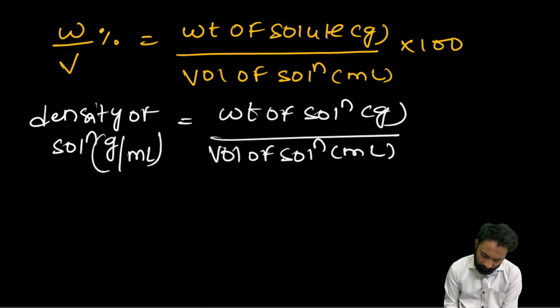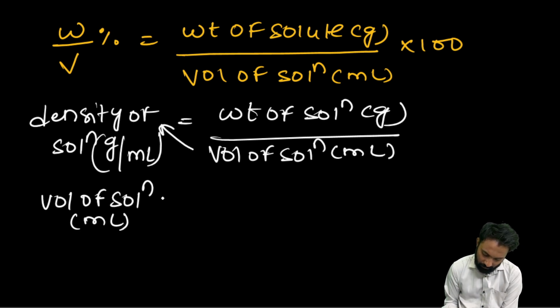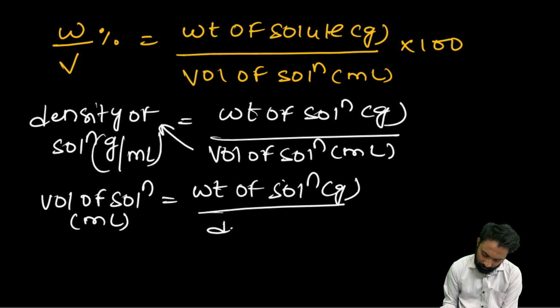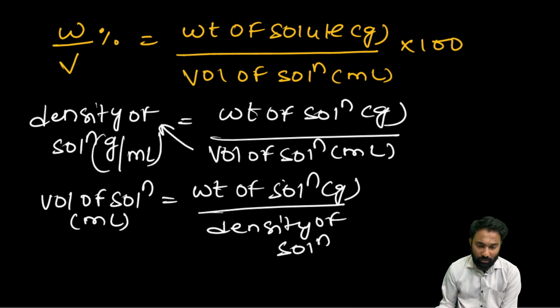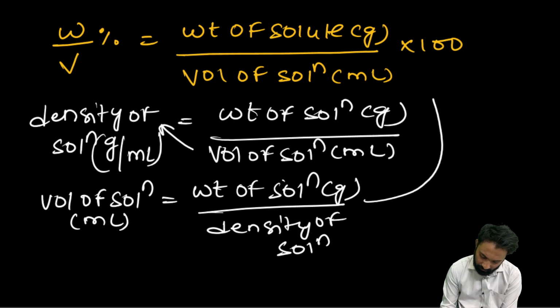If you take the volume of solution to the left hand side and the density to the right hand side, then the volume of solution in ml is equal to weight of solution in grams by density of solution, right? Then if I substitute this term for the volume of the solution, what will happen?